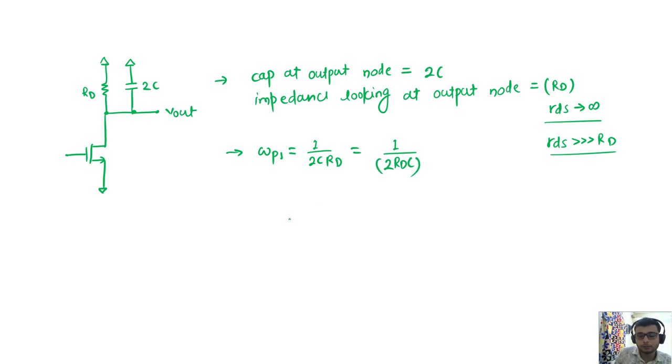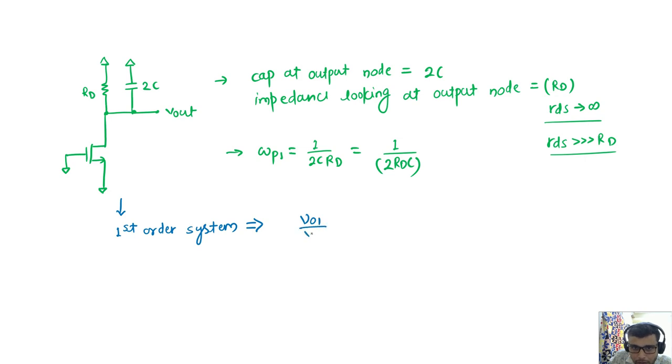Okay. So I have DC gain, I have pole frequency. Now no other pole and zero can be found here. For finding the output impedance, I will short the input. So there is no other pole and zero in the system. It is a first order system. So what can be seen?